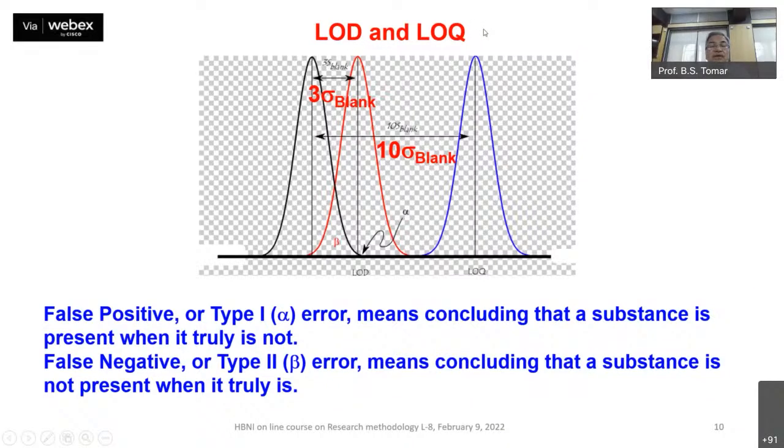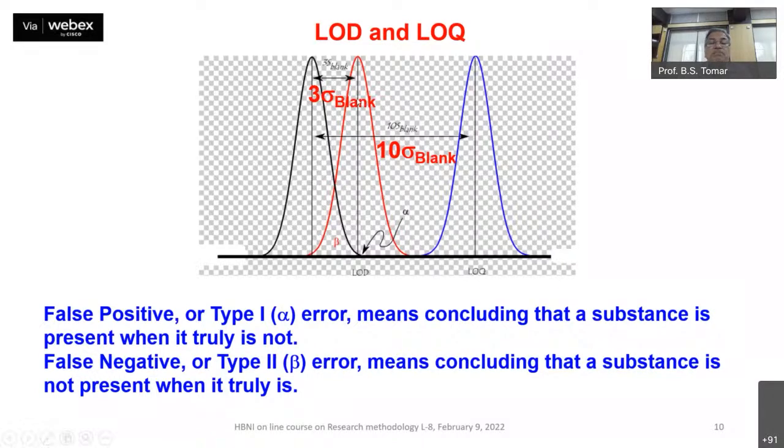quantification. So if a measurement gives you a value more than 3 times the blank standard deviation, you say you are 99% confident that the quantity, the material that you are looking for, is present.